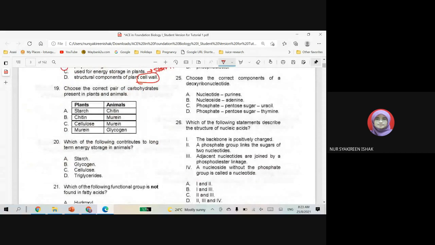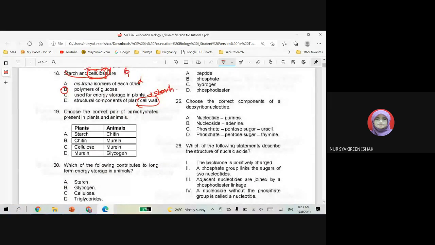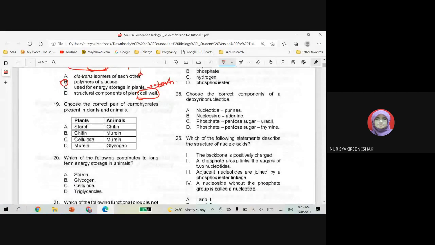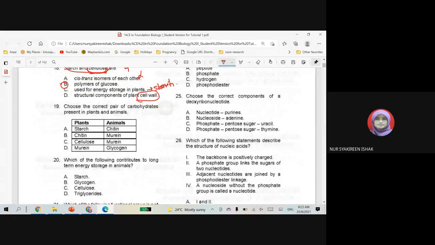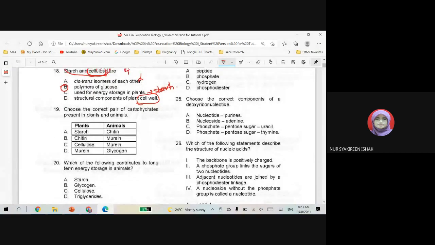Okay, number 19. Choose the correct pair of carbohydrates present in plant and animal. So which one is plant? Which is the answer?